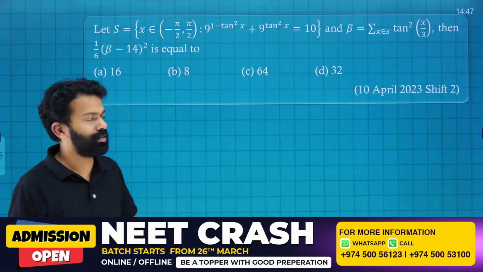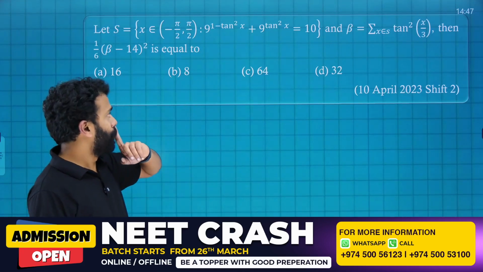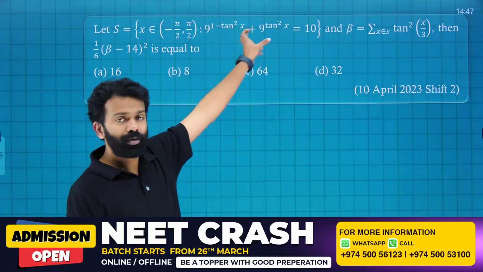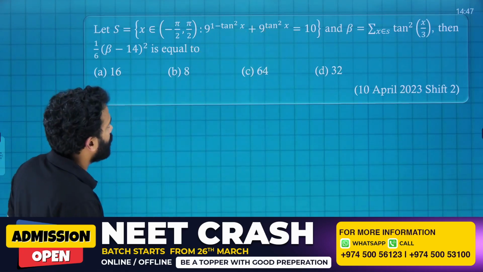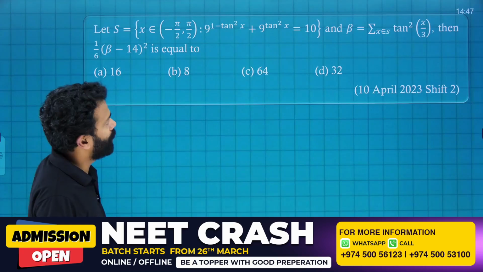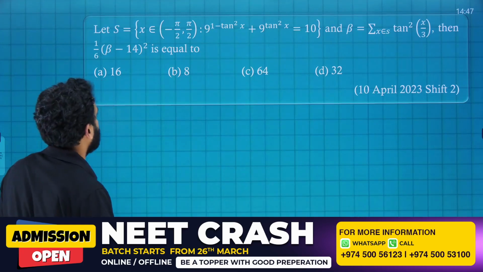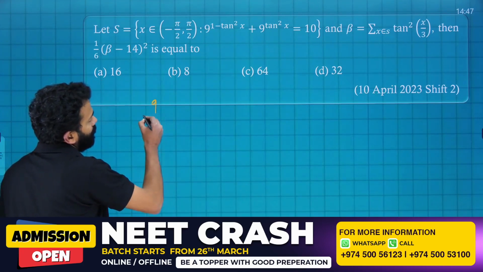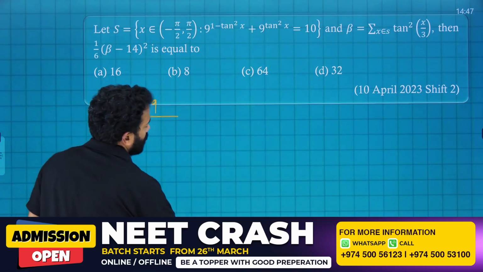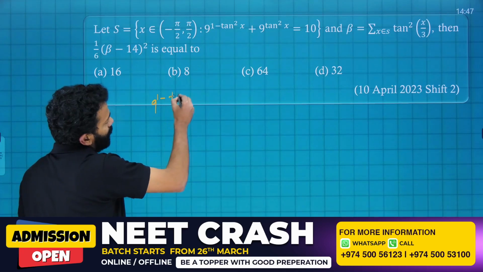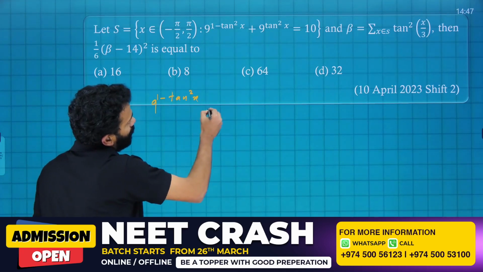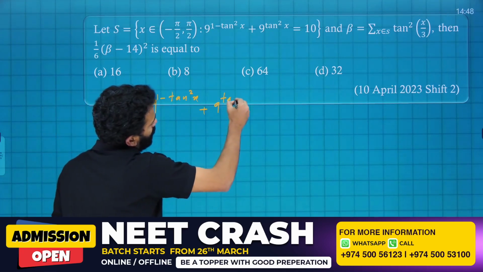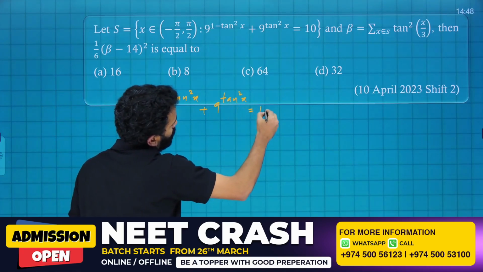Just listen here. So our trigonometric equation is given, like 9 raised to 1 minus tan square x plus 9 raised to tan square x, which is equal to 10.